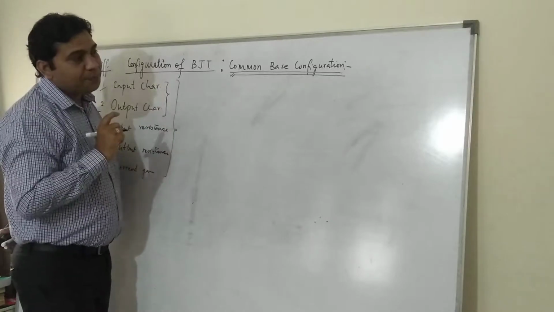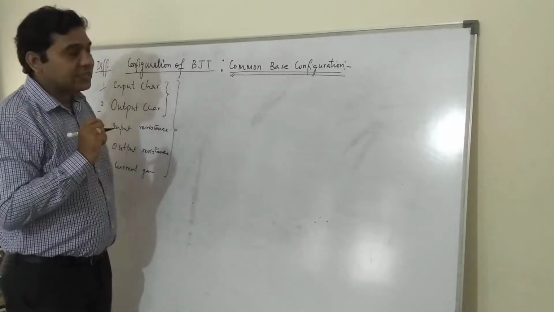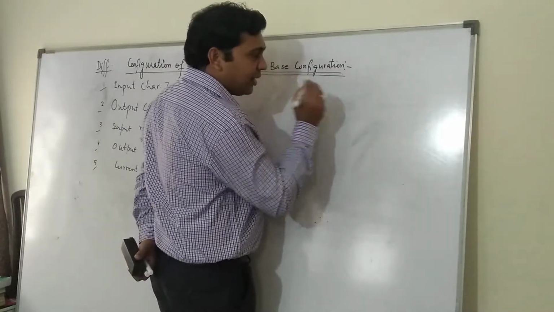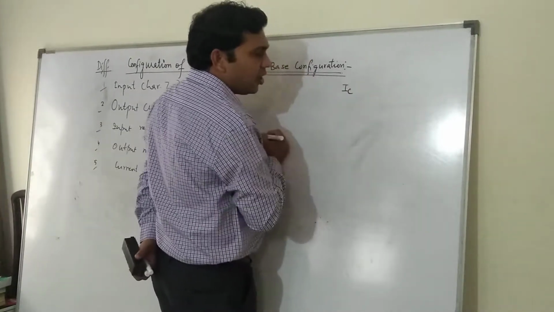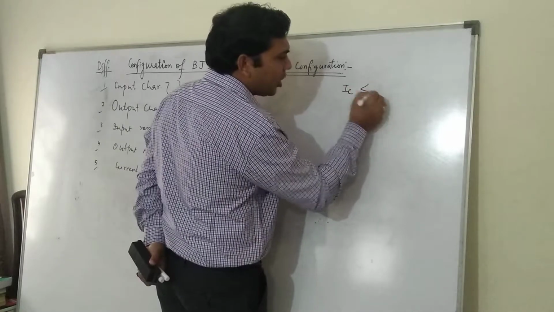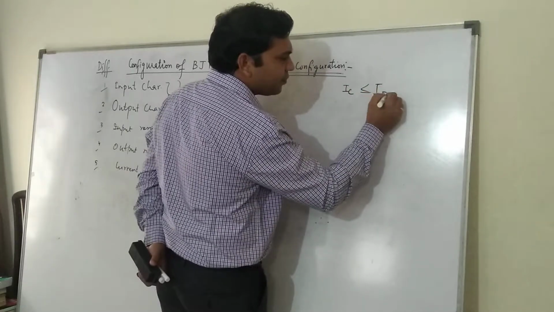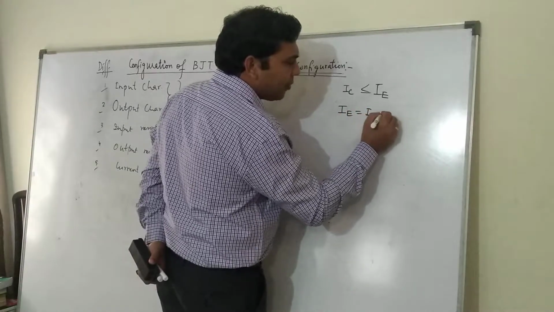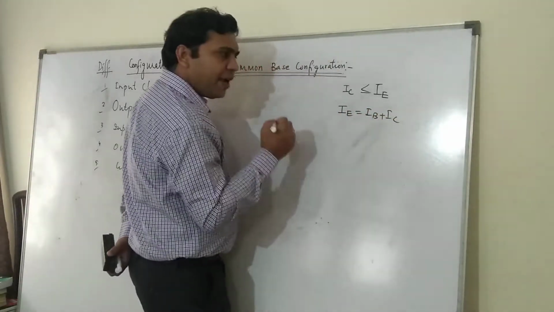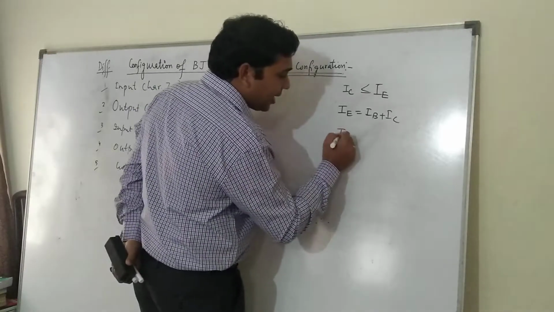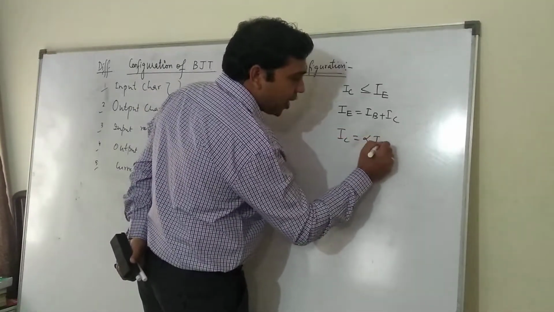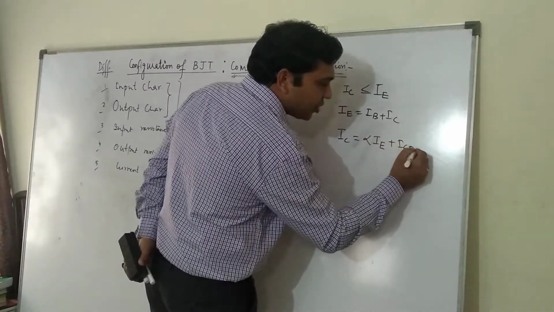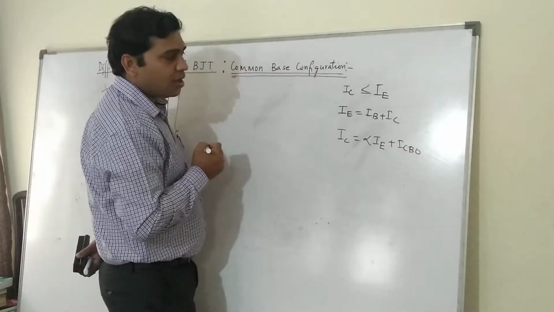So what are the points of the last lecture? We have defined three currents, IC, which is almost equal to or less than IE. We have defined the equation IE equals IB plus IC. IC has 2 components: one is a part of IE and the other is the saturation current ICBO.